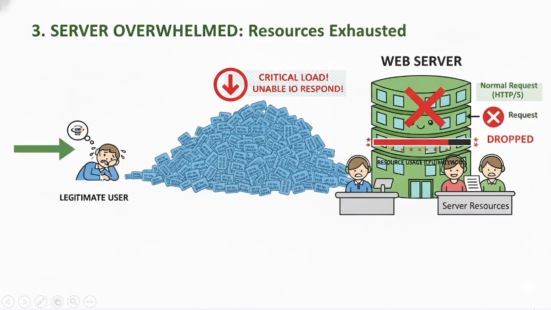He is trying to send a normal HTTPS request, but because the server is overloaded, his request gets denied or dropped, as indicated by the red cross. The server's resources are completely maxed out, preventing it from serving anyone. This is the goal of the denial of service attack, to make the server effectively unavailable.